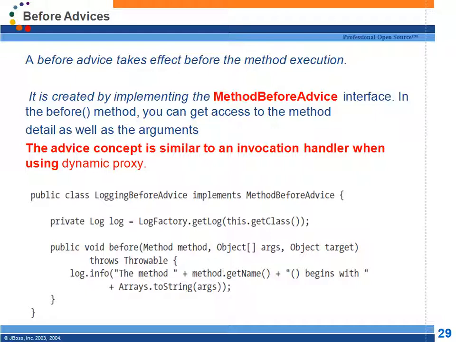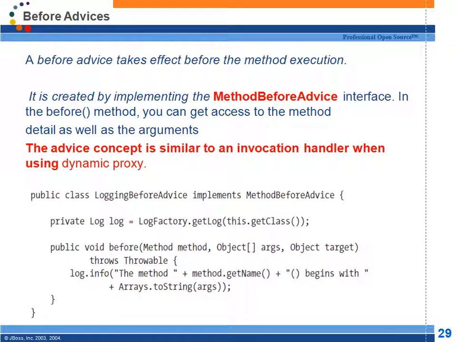In this before method you can write whatever logic you want to be executed before the method is executed. This is just like a logging handler. Once I write a logging handler, I need to generate a proxy by using proxy.newInstance. Here also I want to generate a proxy by using Spring AOP.